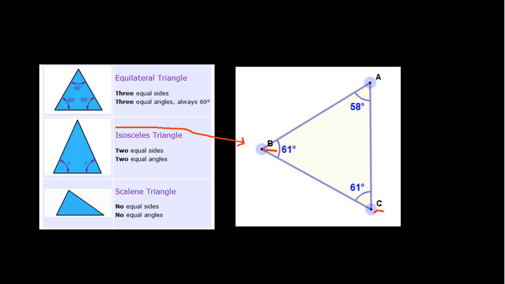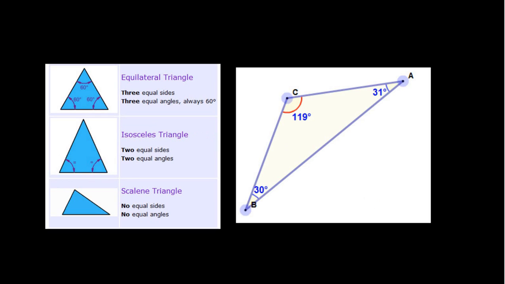That is because it has two equal sides and two equal angles. On this triangle, let's see if we can identify this one. The first thing that we look for is the angles. Now in each angle we notice that they are completely different.